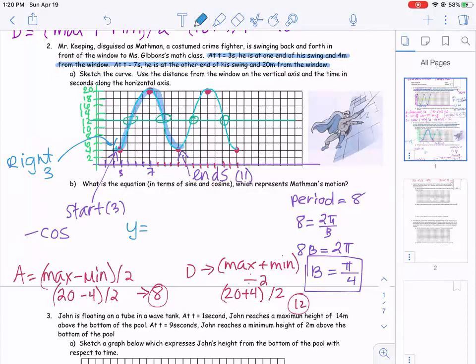So our C value is going to be 3, and then we're going to have to make that a -3 in our equation. Okay, so our amplitude is -8 because we started at a minimum instead of a maximum. It's -8 cosine of pi over 4 times x minus 3, plus 12.